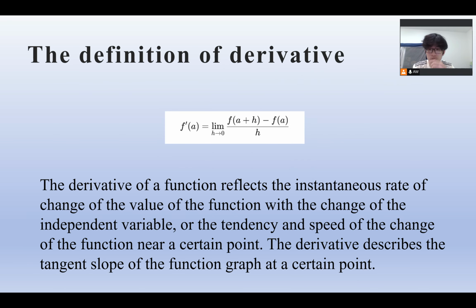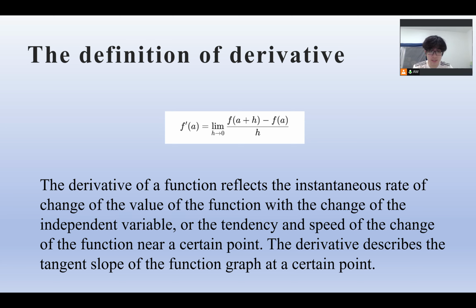So first I would like to talk about the definition of derivatives, and this is the formula. The derivative of a function reflects the instantaneous rate of change of the value of the function with the change of the independent variable, or the tendency and speed of the change of the function near a certain point.